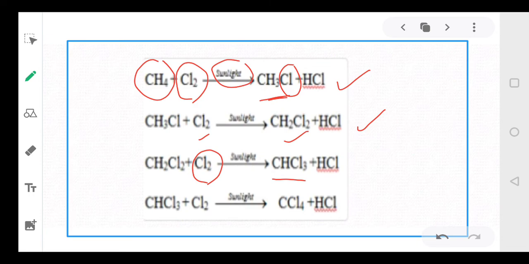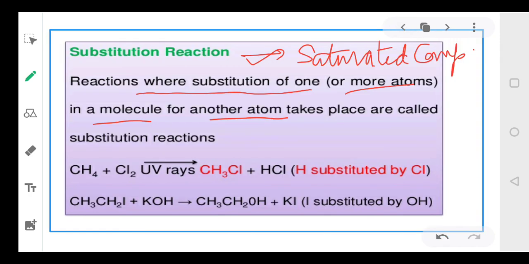Okay, so slowly and gradually all hydrogen atoms have been replaced with chlorine atoms. So carbon tetrachloride has been formed. Okay, so substitution reaction is generally shown by the saturated compounds in the presence of sunlight, right everyone?